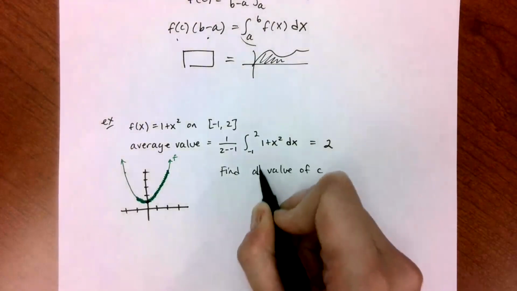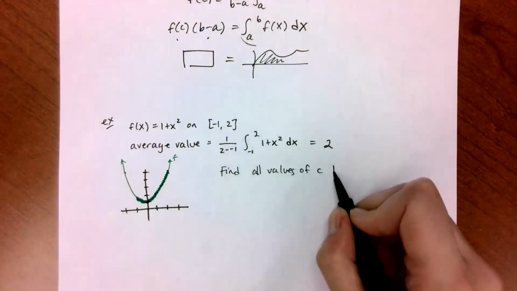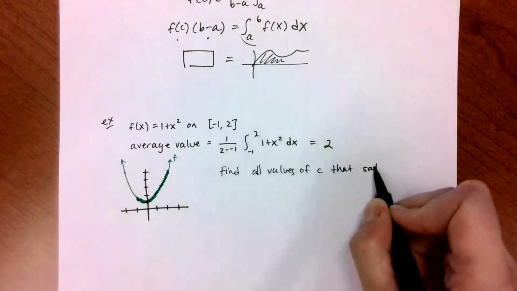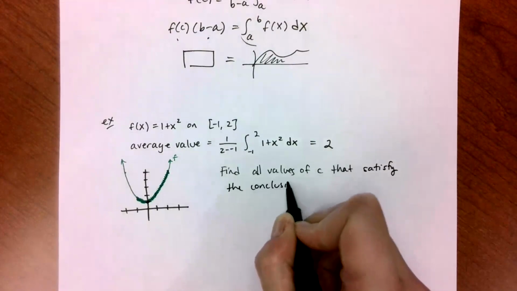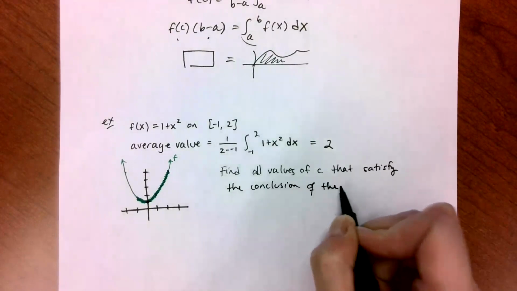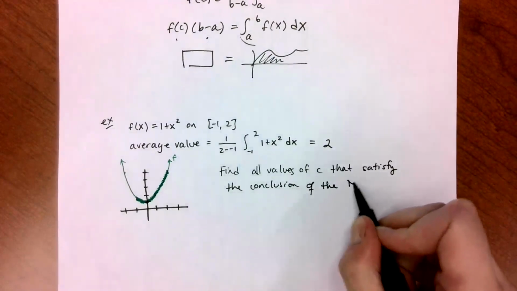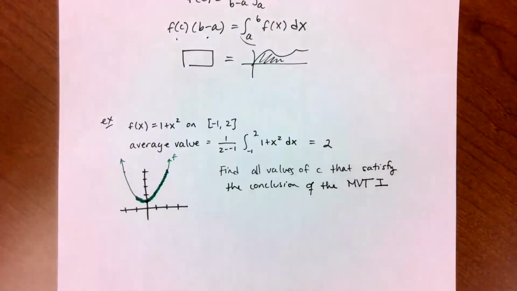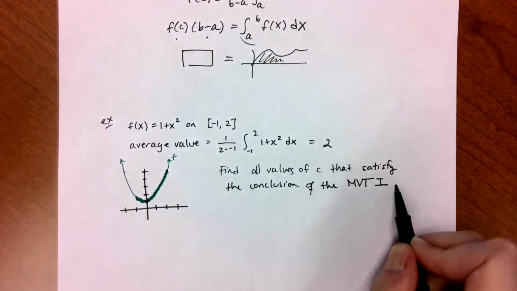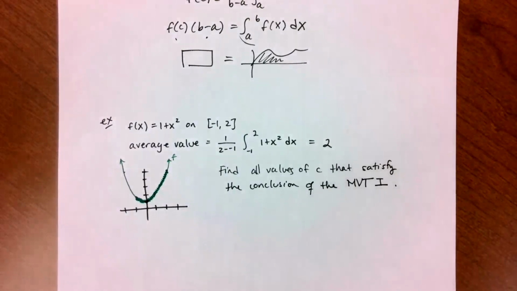Or why don't we say all values of c, just in case, that satisfy the conclusion of the, I'm going to abbreviate this theorem's name, mean value theorem for integrals. So we'll say MVTI.